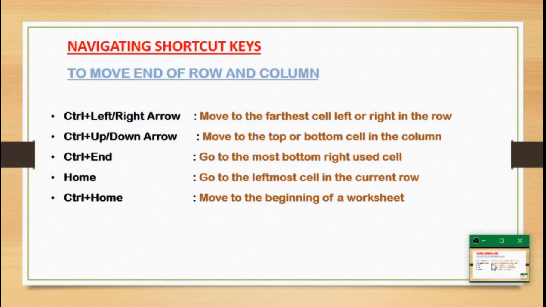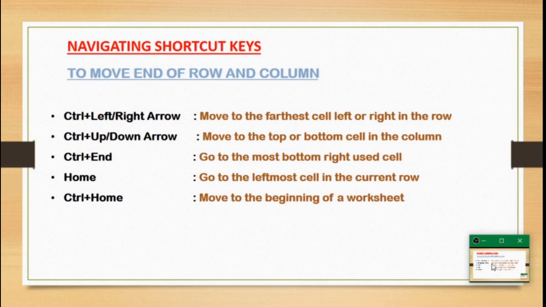This picture shows how we can move to the end of a row or column by using the arrow keys. Suppose I want to go to the right end of a row, I will click Control plus right, and if I want to go to the left end, I will click Control plus left.